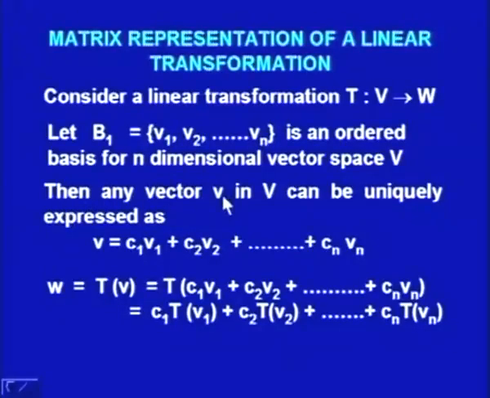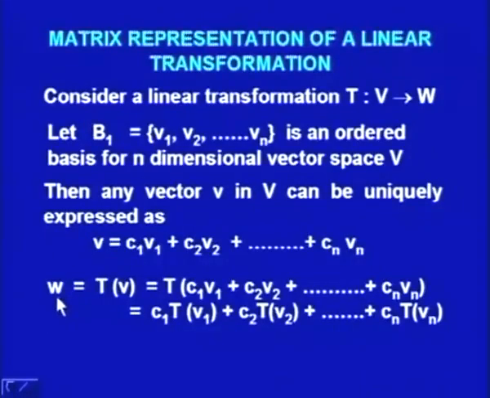Then any vector V in V can uniquely be expressed as V is equal to C1 V1 plus C2 V2 plus ... plus Cn Vn. This is true because this is a basis for the vector space V. So any vector in V can be expressed in terms of its base vectors. So C1, C2, ..., Cn will then be called the coordinates of V with respect to basis B1.